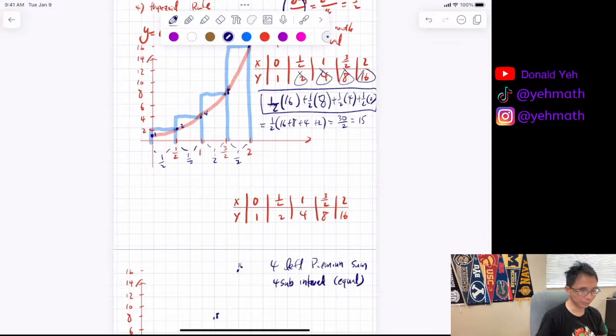That is a right Riemann sum, and that is an over approximation, by the way. Why do you think it's an over approximation? The way to justify this on the AP exam is: over approximation because the function is increasing.